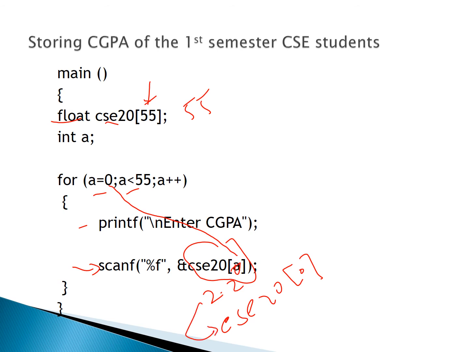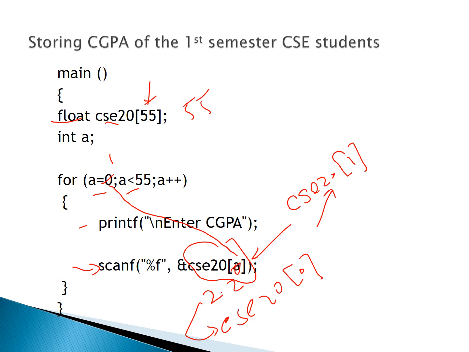Now for the next iteration, the value of a will be incremented, and the value of a is now 1. When we store the next value here, the element will be CGPA index 1. So the next value will go to this element.